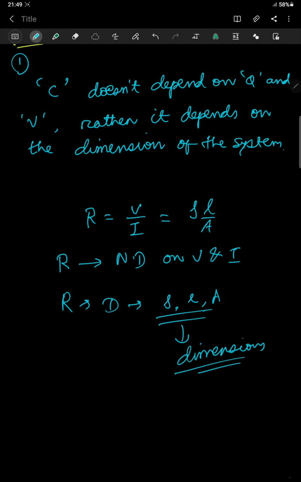Similarly, you will see in our subsequent class, the capacitance does not depend on Q and V, rather it depends on whom? It depends on the dimension of the system. Okay.